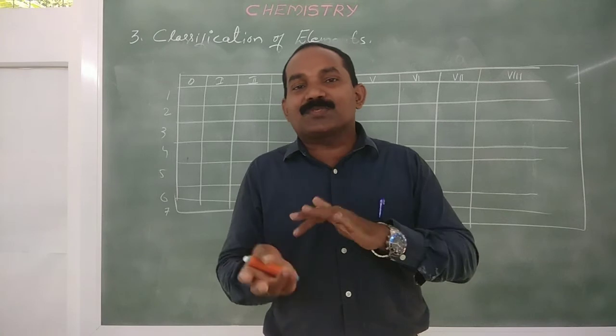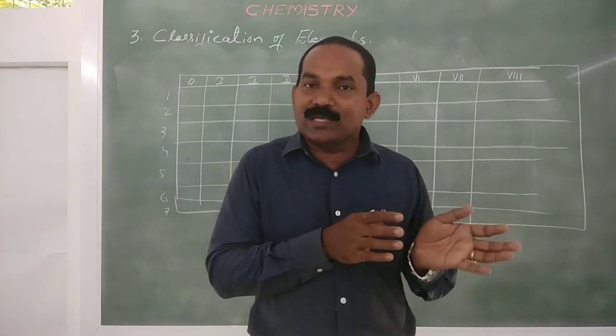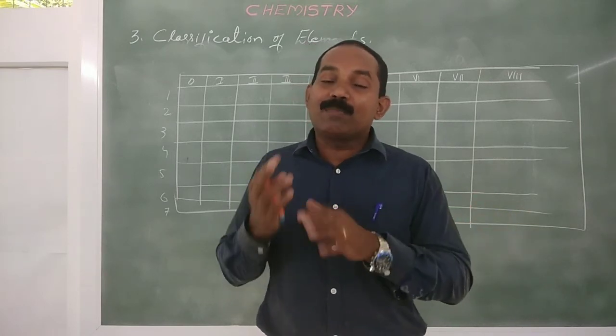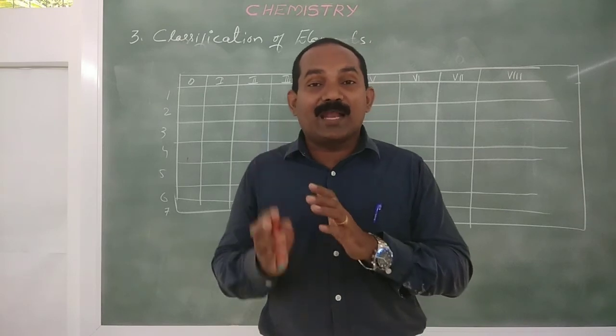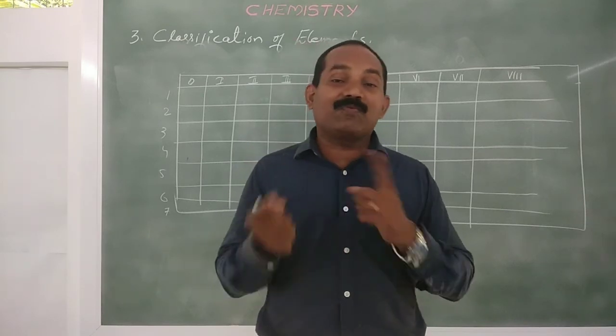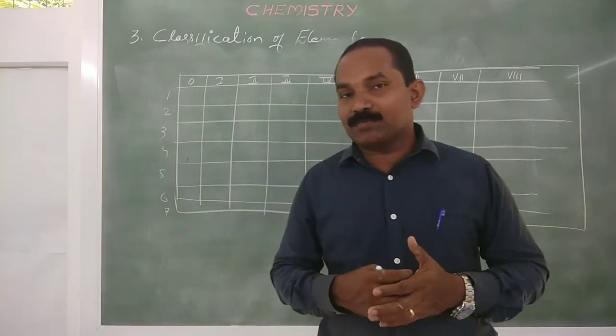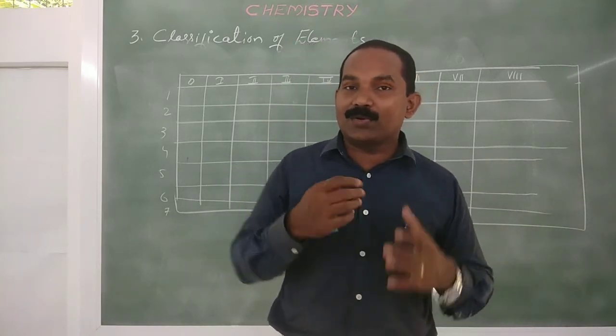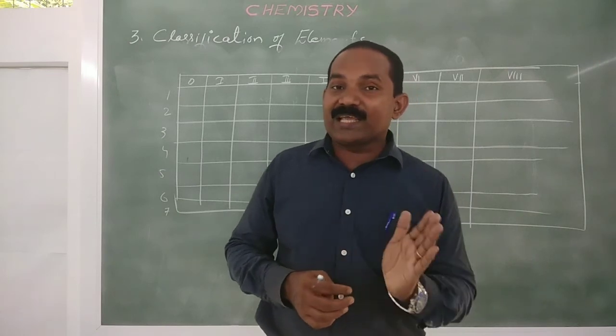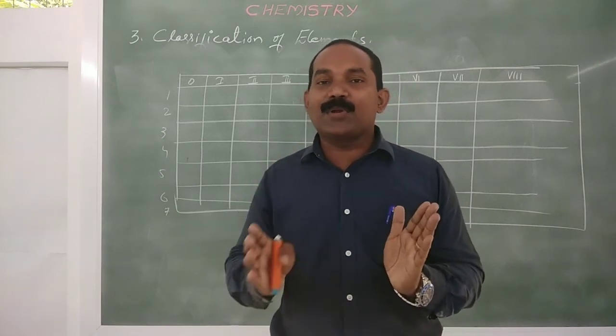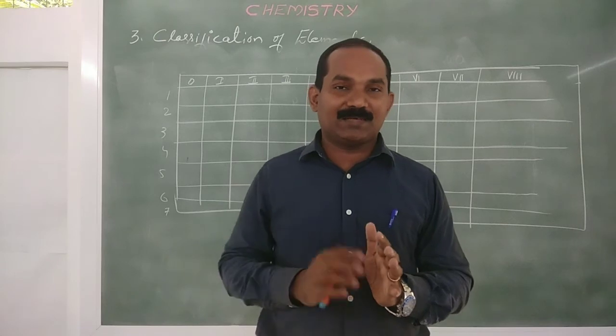So nickel comes after cobalt. And tellurium, with atomic mass 128, precedes iodine with atomic mass 127.